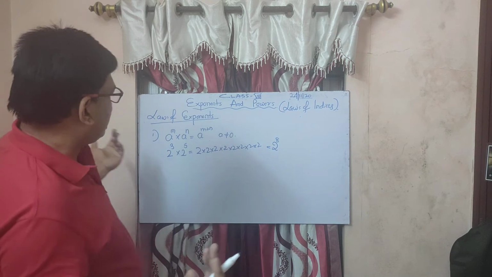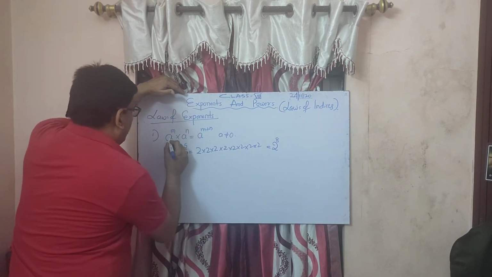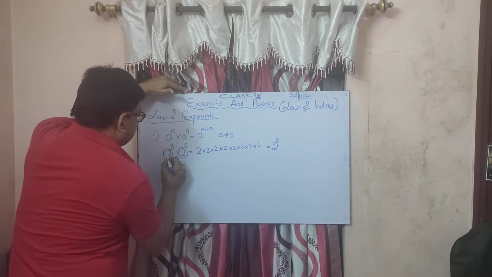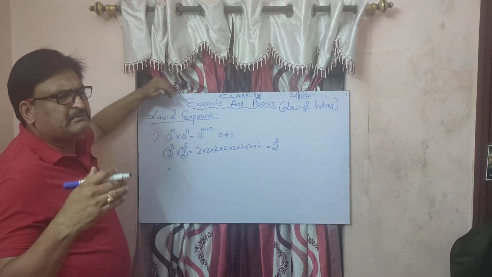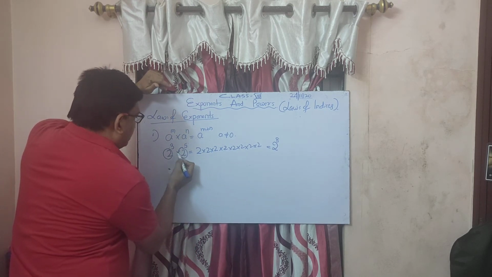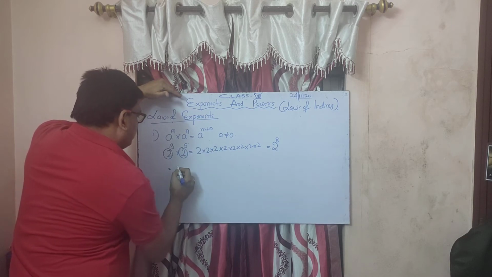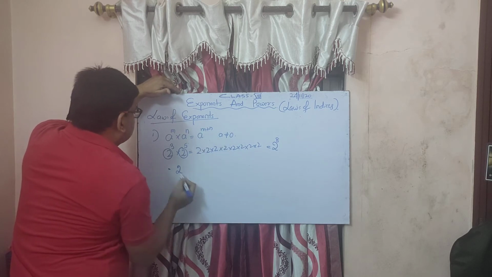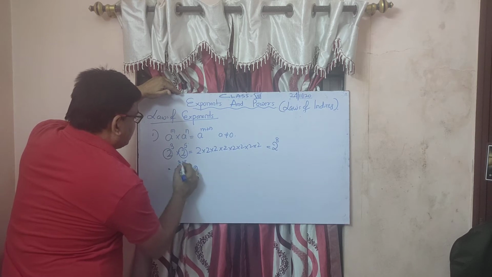Now if you know the formula, what happens? According to the formula, when the bases are the same, and the powers are different or sometimes the same, what you have to do is just write the base first, a, and just add the powers. 2 to the power 3 plus 5, and 3 plus 5 is 8.